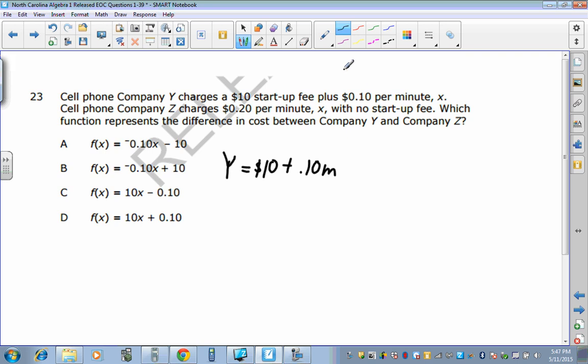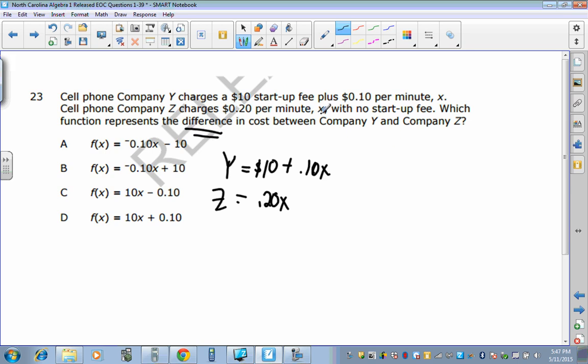Okay, x, they want us to use x. Okay, company Z charges just 20 cents per minute with no startup fee. Okay, which function best represents the difference in cost between company Y and company Z?